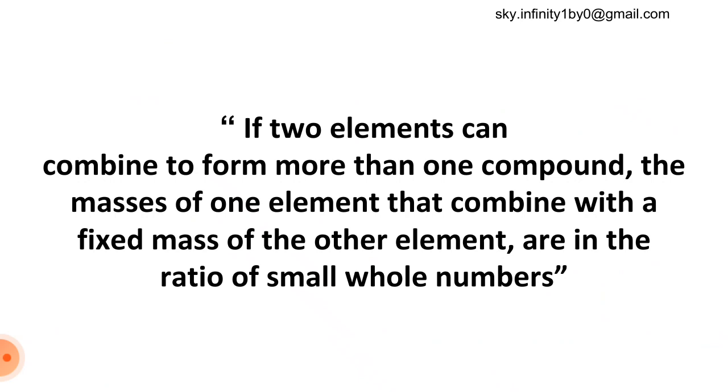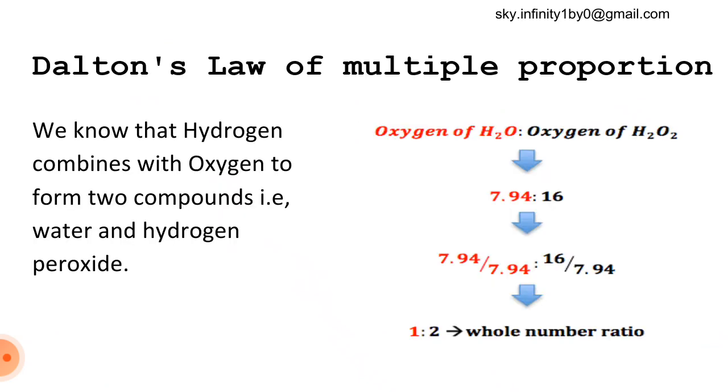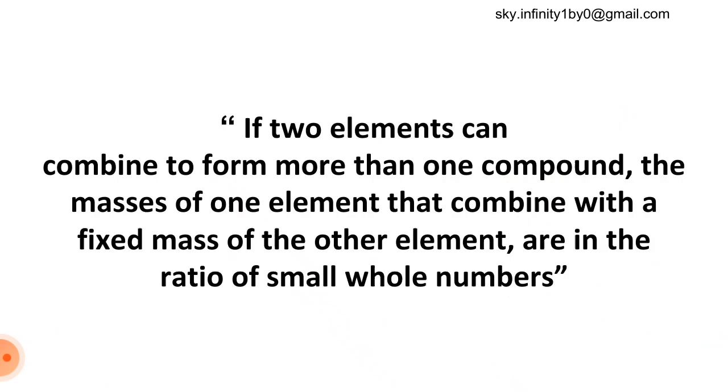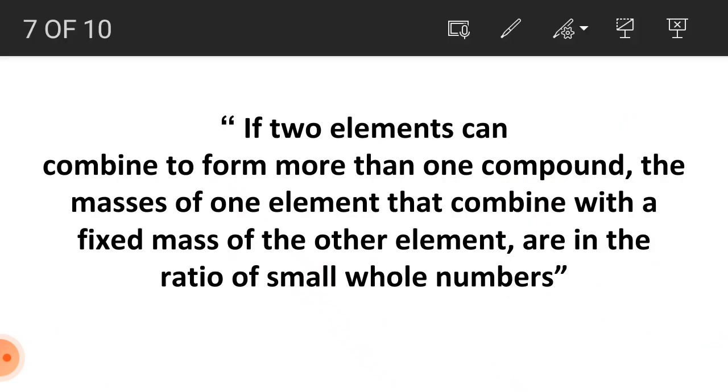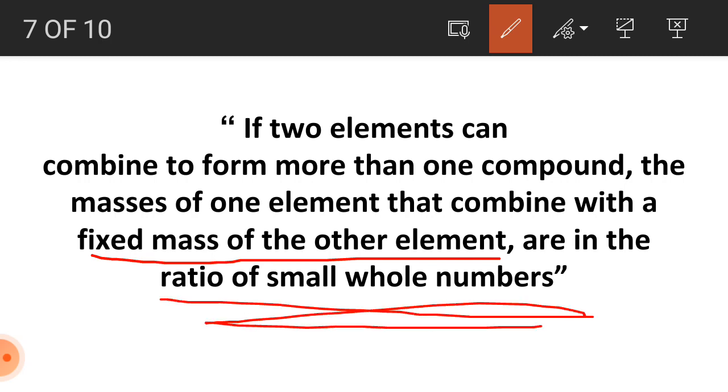We saw in the previous example that the mass of hydrogen is fixed. It is given here that the other element has a fixed mass. So if we try to take the ratio of the first element, then we will always get a whole number.